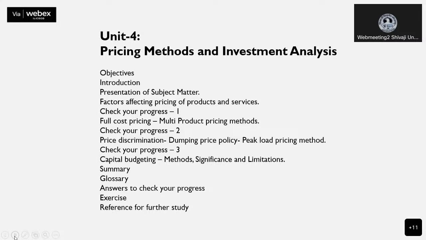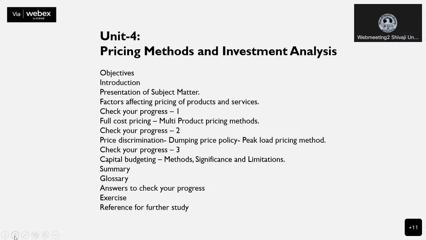Also, at the end of the chapter, there is a summary, glossary, answers, exercise, and references for further study. You are all well familiar with this type of structure of your self-learning material. So we just need to go one by one through all these terminologies, points, and sub-aspects of unit number 3 and 4.